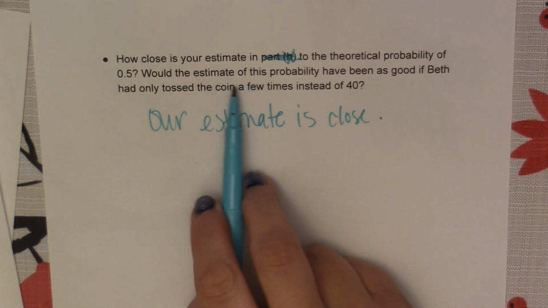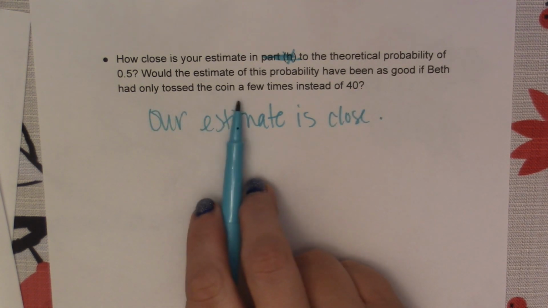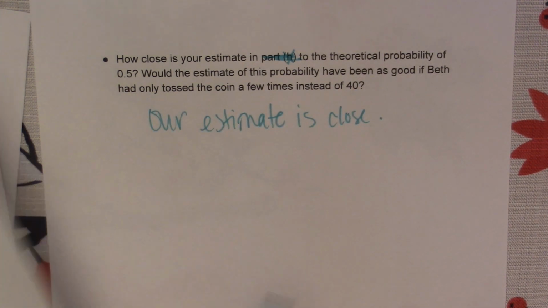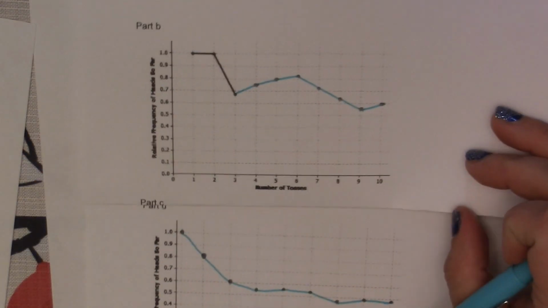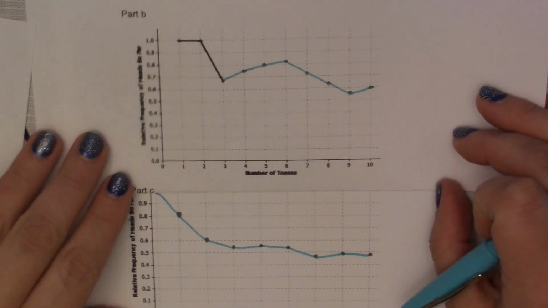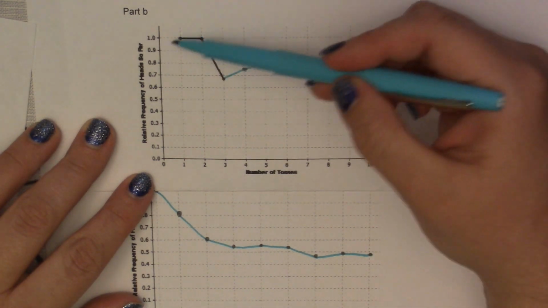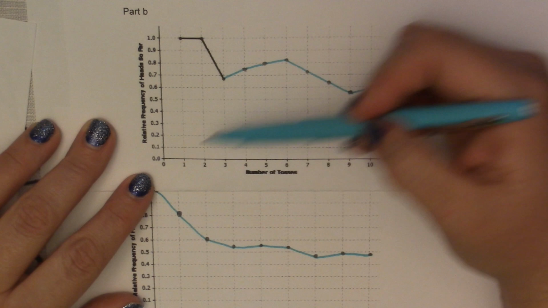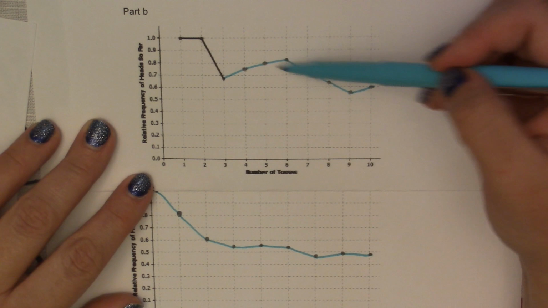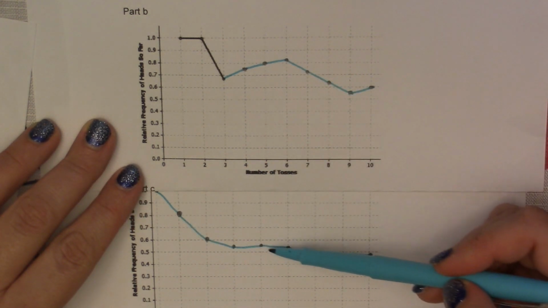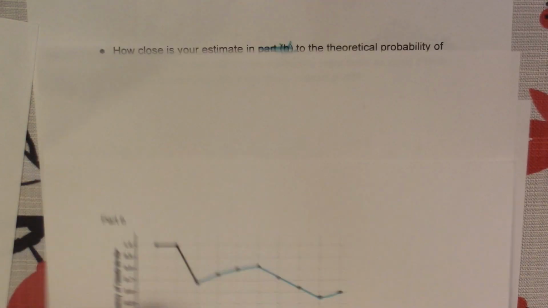Would the estimate of this probability have been as good if Beth had only tossed the coin a few times instead of 40? So if we go back and look at our two graphs that we made, this will help us answer our question. Our top graph was just the 0.5, which, as you notice, there are lots of fluctuations in that line. So if she had only tossed it maybe 4 times, we wouldn't have a very good read about where that would be. So as she tosses it more, that's when we start to get a better idea of where that frequency is, or that probability.